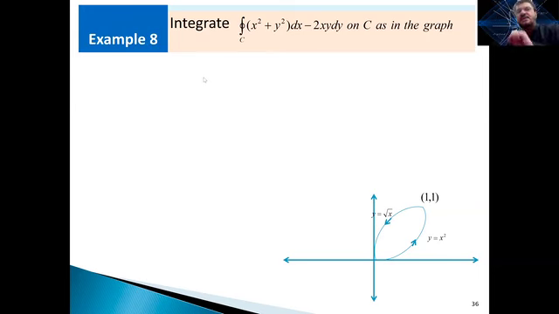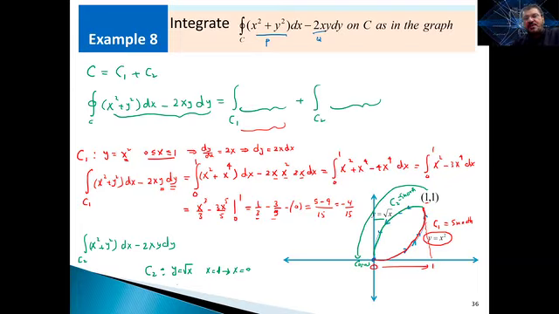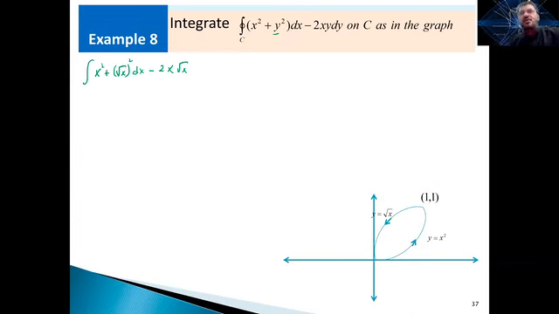Let's go back and find dy. If y is equal to root x, what's dy over dx? This is 1 over 2 root x, if you remember that. So that means dy is 1 over 2 root x dx. And we know in the second one, x goes from 1 to 0.